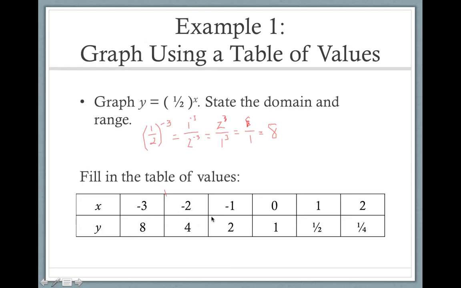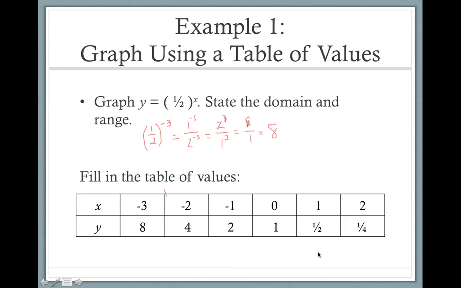And then we can go through similar processes with -2 and -1 to end up with 4 and 2 for answers. 0 again, anytime we take 0 as an exponent of any base, we always get 1. And then when we put in the positive exponents, that's when we actually get fraction answers.